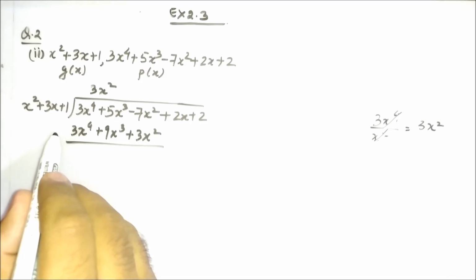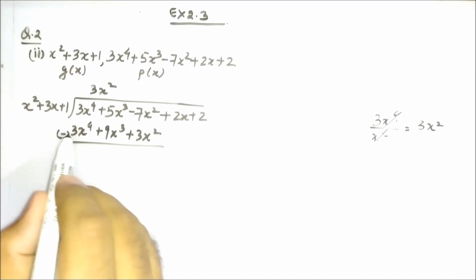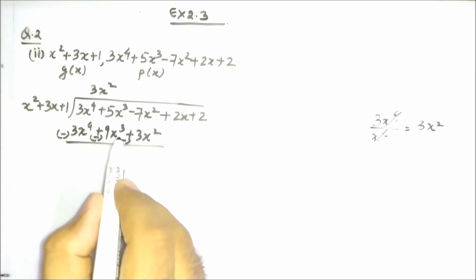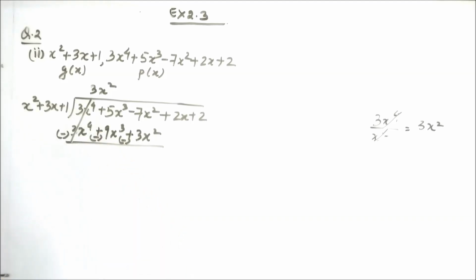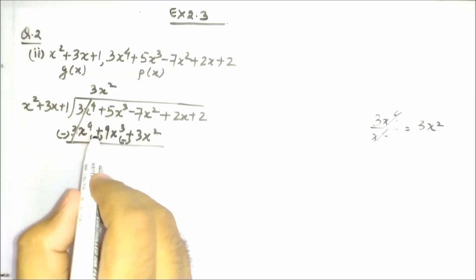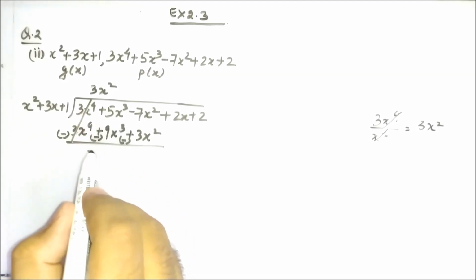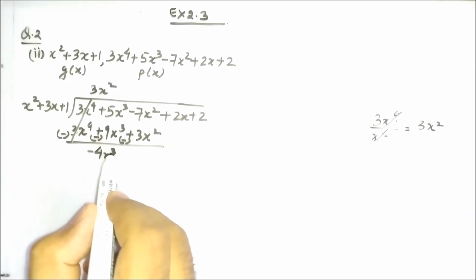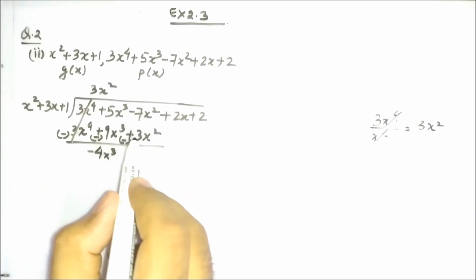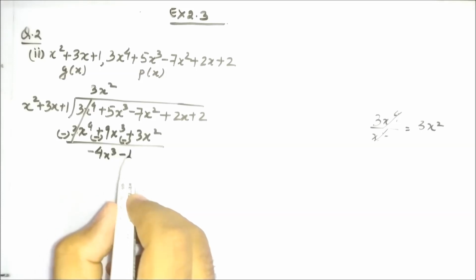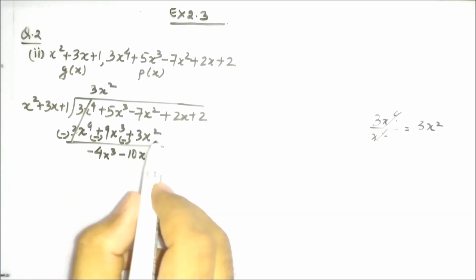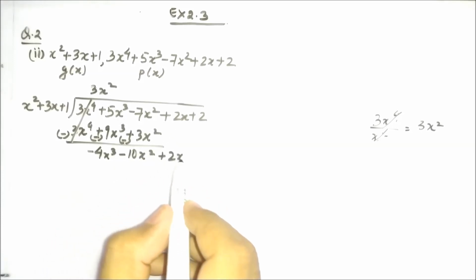Again when you subtract, you need to change the sign. This will be minus, here also minus, here also minus. This will get cancelled. Plus 5x cube minus 9x cube will give you minus 4x cube. Minus 7x square minus 3x square will give you minus 10x square, and you will bring down this plus 2x plus 2 here.